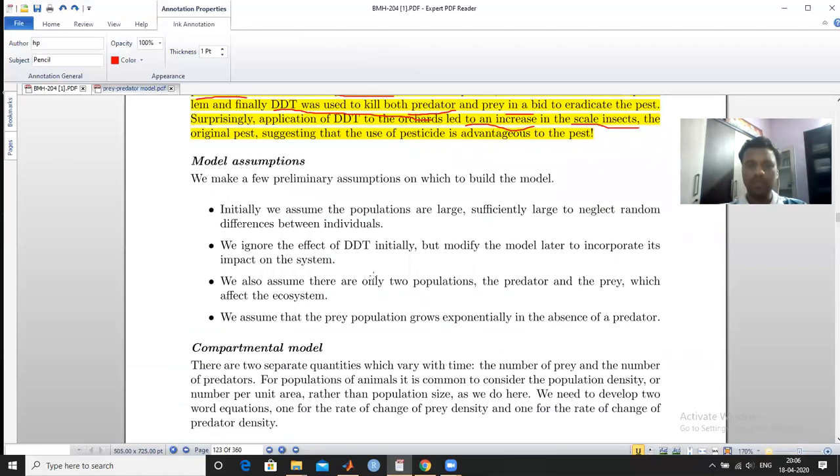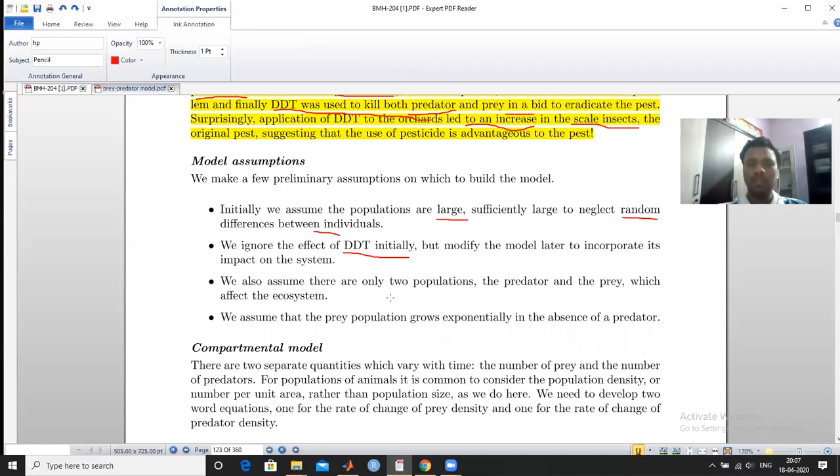These are some assumptions, as we have already discussed. When we build a model, we require some assumptions. So what are the assumptions? First, the population is large so that we can neglect the random differences between individuals. Second, initially we are not considering the effect of the DDT, but later we will incorporate it in our model.